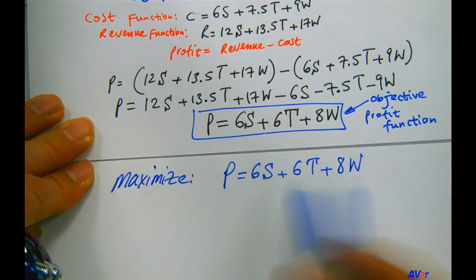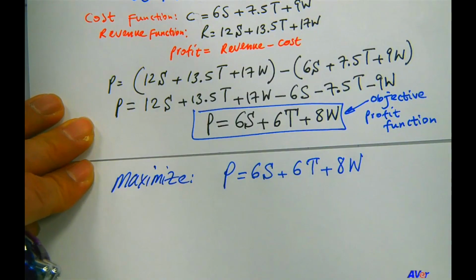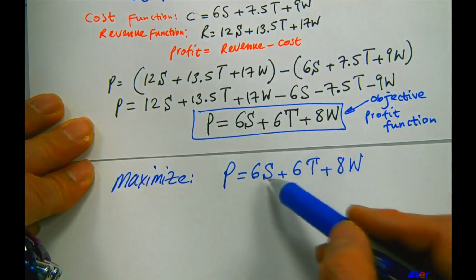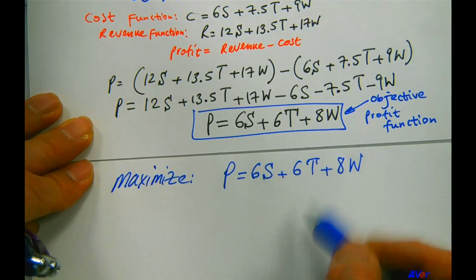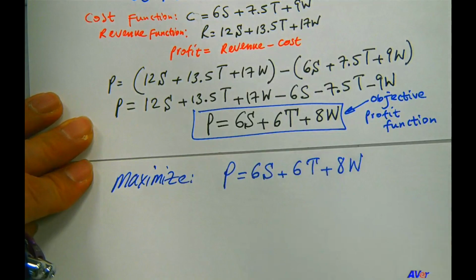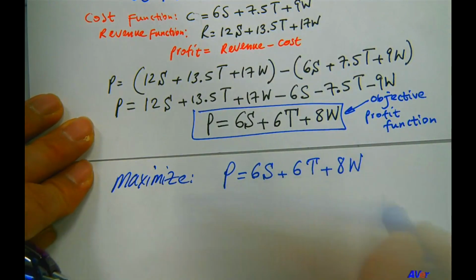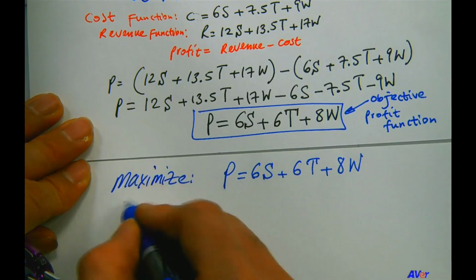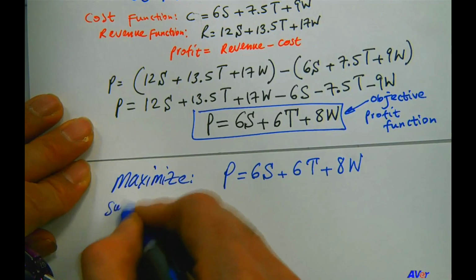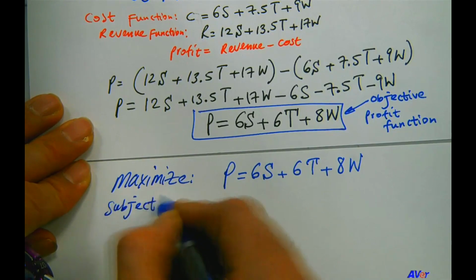I chose my variables so I can keep track of what's what. I know this is sleeping dolls, talking dolls, and walking dolls. If you don't like this, you can use x, y, z, or x1, x2, x3. It makes no difference.